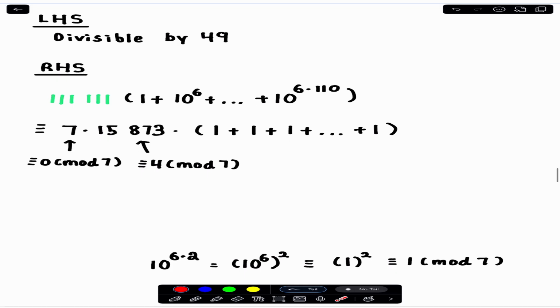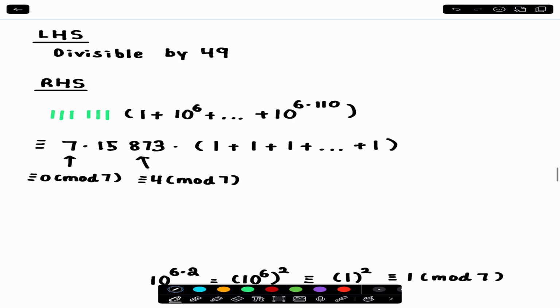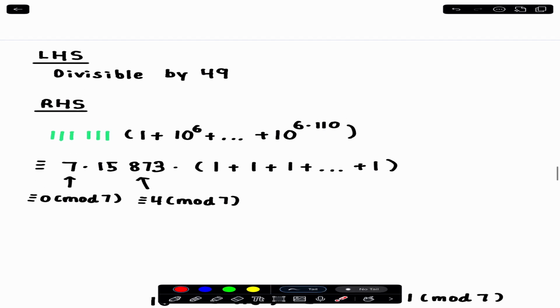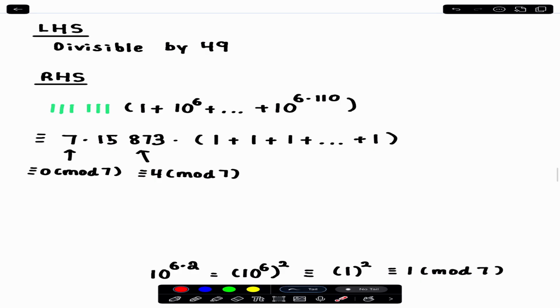And what about here? We have a bunch of 1s added together. How many 1s? Well, this is 6 times 1, and this is 6 times 0, so we really have 0, 1, 2, 3, all the way to 110, so that's 111 ones over here.